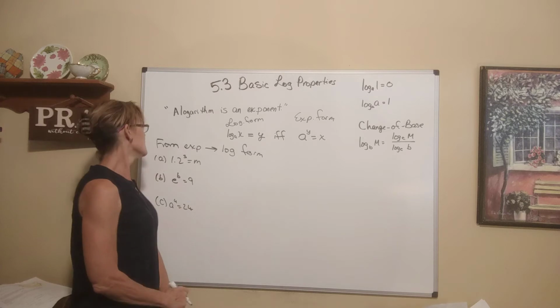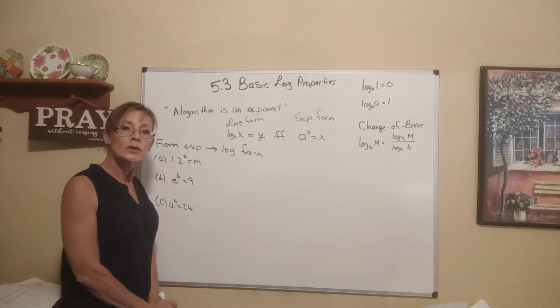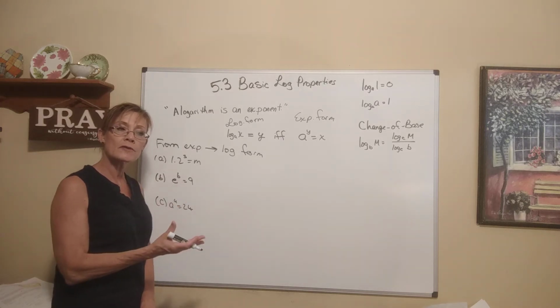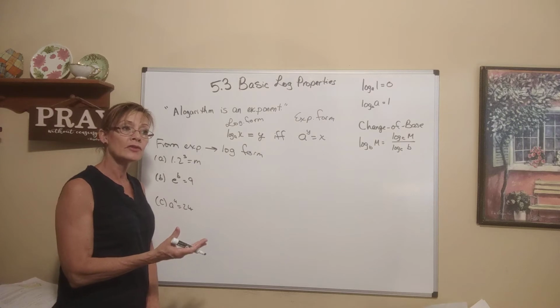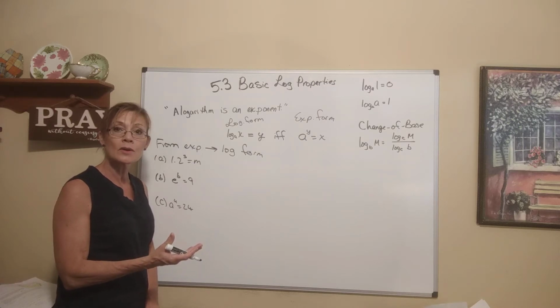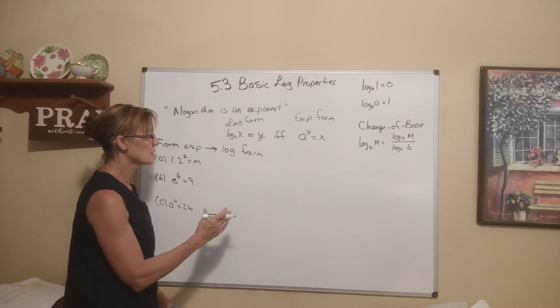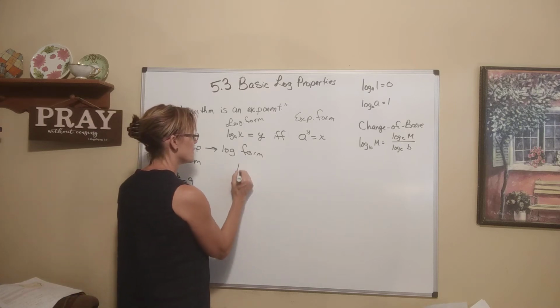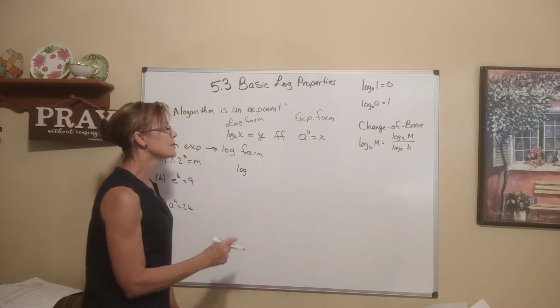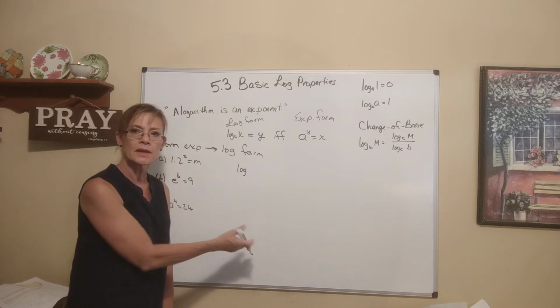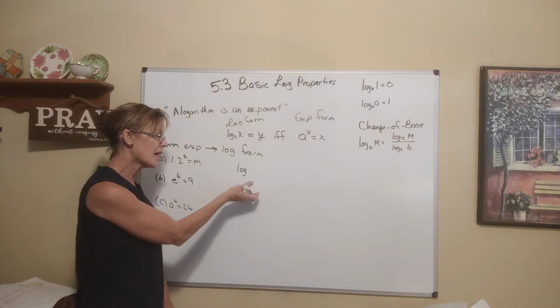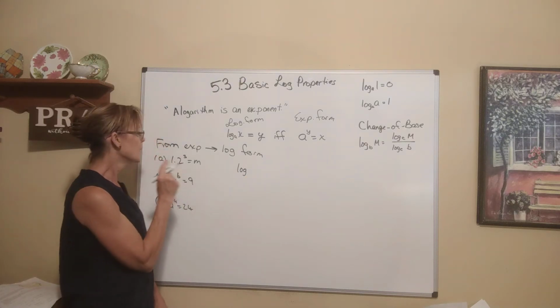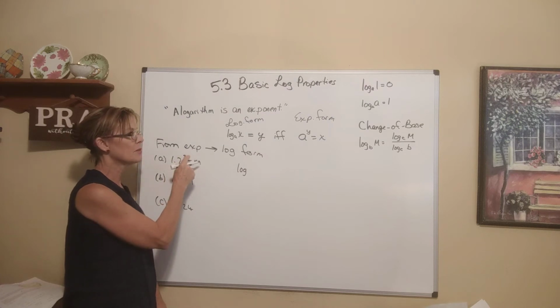So here is the deal. When you're going from exponential to logarithmic form, a good start is to write down the word log. It's always log base something. The base that we write here is the same base that we see being raised to a power.